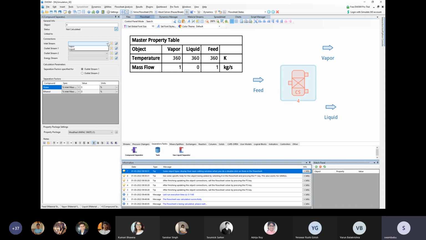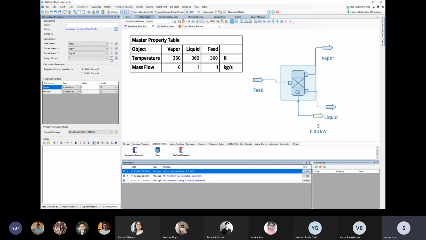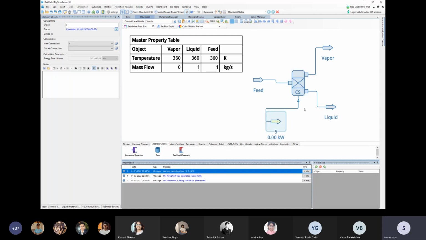Here one inlet stream, feed, and outlet stream vapor, outlet stream liquid, and we can connect an energy stream, which we can use to heat it to the intermediate temperatures. We can put 0 if you don't want to give any external energy input during the process. But if you want to give any heat during the separation, you can provide the amount of heat here.